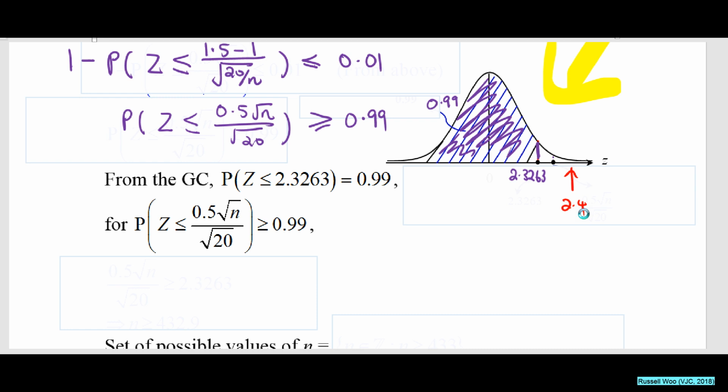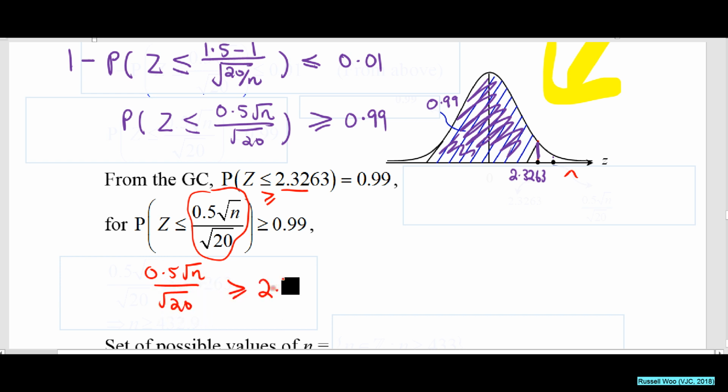The area is bigger than 0.99. So, which means 2.4 is good. That means you want this value to be bigger than or equal to this value. So I'm going to write it down. That means 0.5 root n divided by root 20 must be greater than or equal to 2.3263.